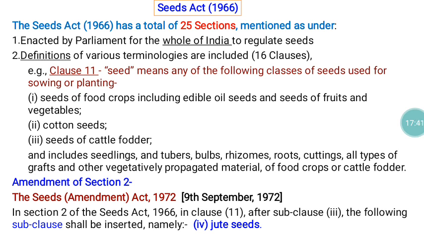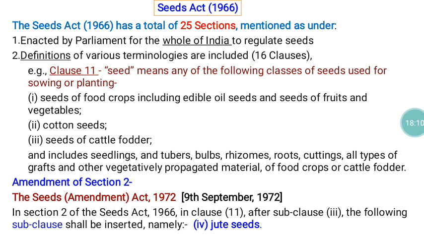As per clause 11 of Section 2 of the Seed Act, the definition of seed is: seeds of food crops including edible oil seeds, seeds of fruits, vegetables, cotton seeds, seeds of cattle fodder, and includes seedlings, tubers, bulbs, rhizomes, roots, cuttings, and all types of crops and other vegetatively propagated materials of food crops or cattle fodder.